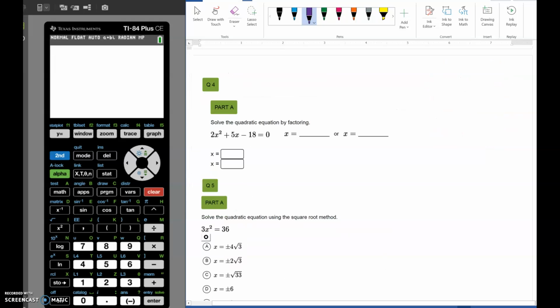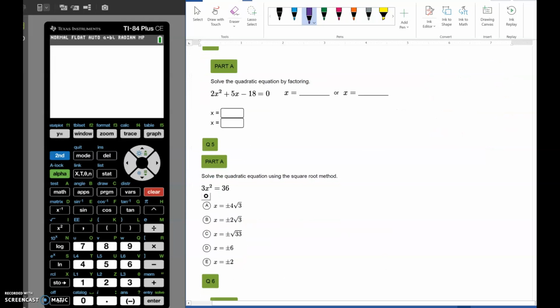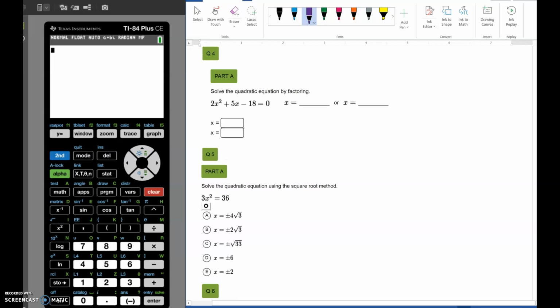Okay. Question number 4, another factoring problem. This time there's a 2 in front. So this is just reminding you what happens if you have to factor something where there's a 2 in front. So this one you would need to do your 2 times the negative 18.